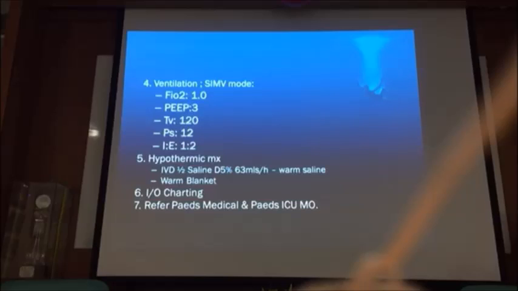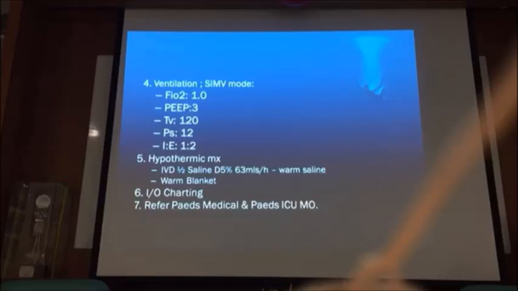Good. So what would you propose? So if you want to take over the ventilation, then you need to go on the full mode of ventilation, assist control, VAC. Then, because our patient presented with severe metabolic acidosis, you need to keep the minute ventilation high.